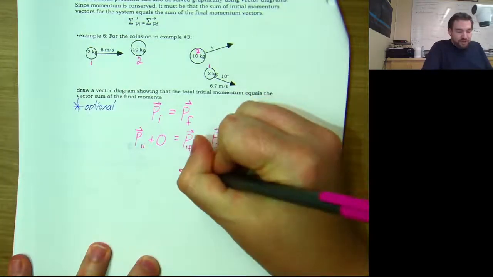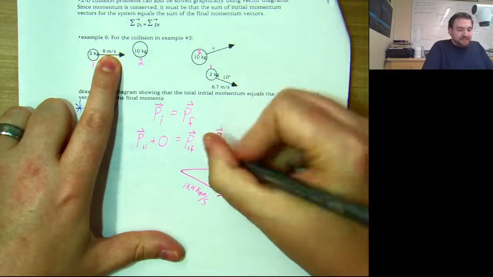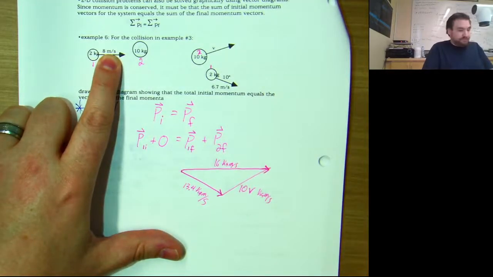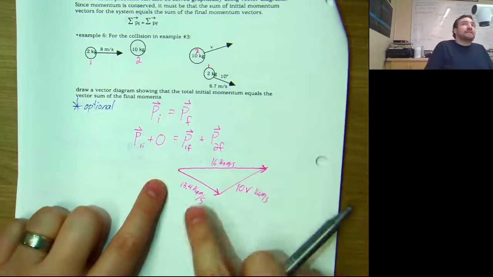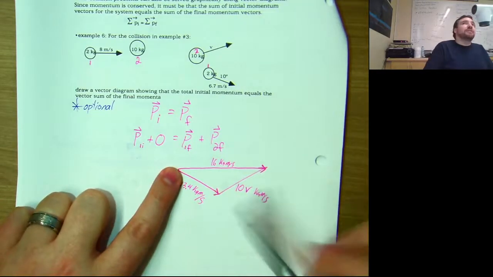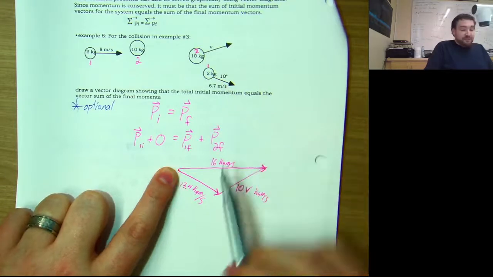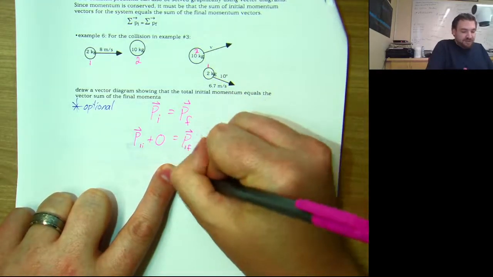So this one, we know the momentum for this guy was horizontal. 2 times 8 is 16 kilogram meters per second. We know that the direction of this guy here is 10 degrees south of east. So that's really nice because this guy is perfectly east. So this angle here is 10 degrees.